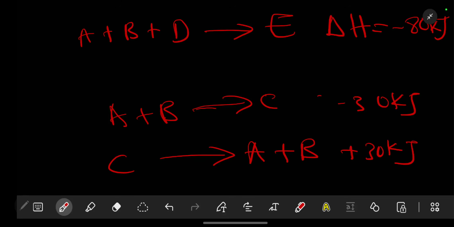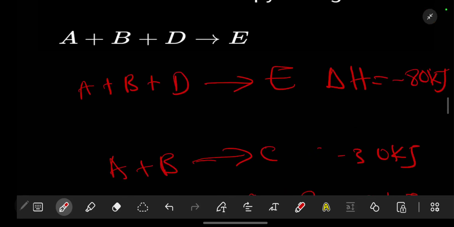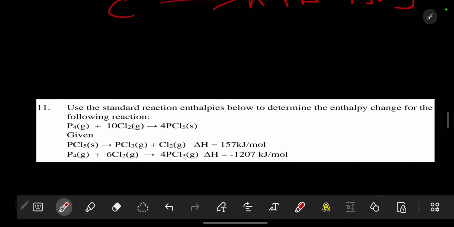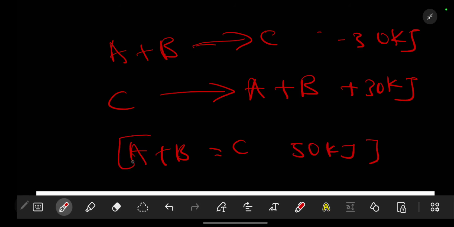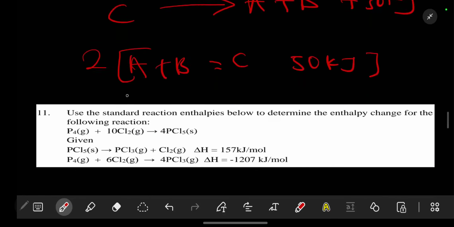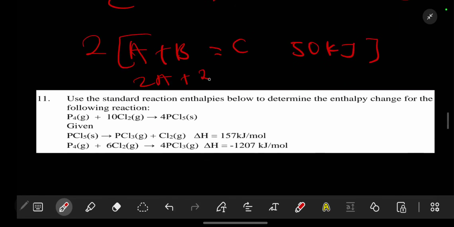Let's now begin answering questions that are examinable. One thing that I forgot to mention is if you have A plus B equal to C with 50 kilojoules, and you multiply by 2, where you have 2A plus 2B equal to 2C, even this one must be multiplied by 2, which will give you 100 kilojoules.